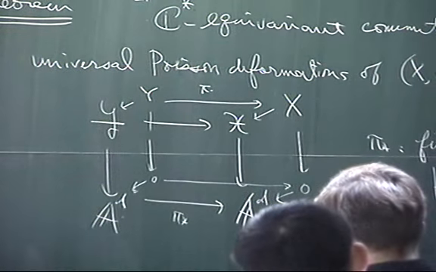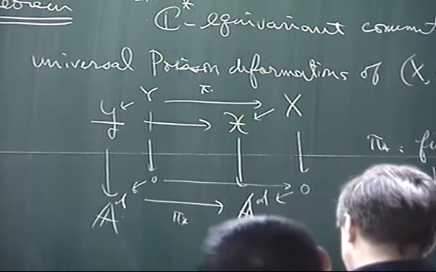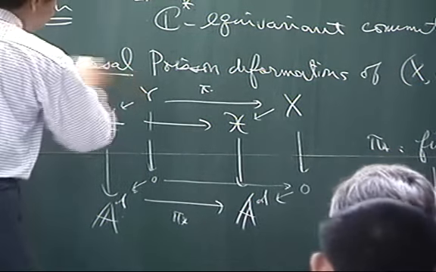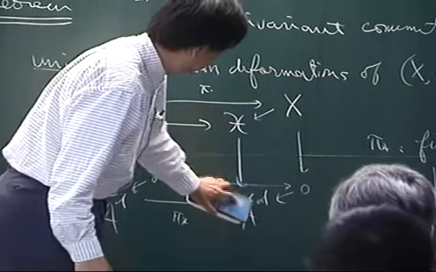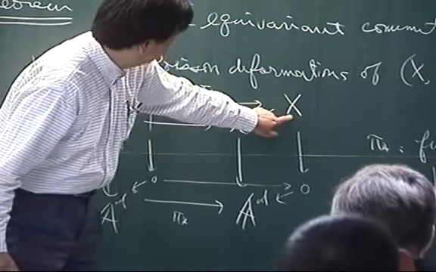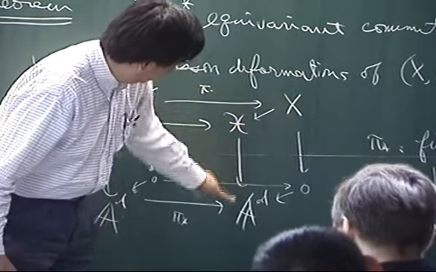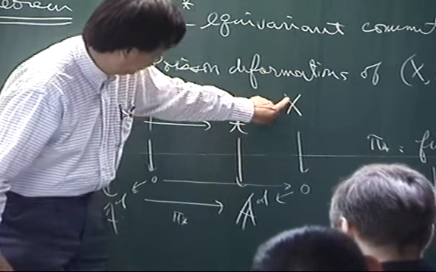Here, universal means the following. Of course, this is a Poisson deformation of X, so that here you have the original Poisson structure, and the relative Poisson structure here is just an extension of the original one.